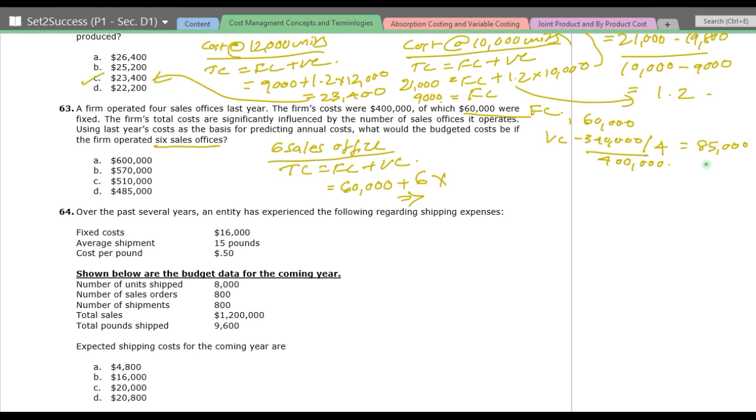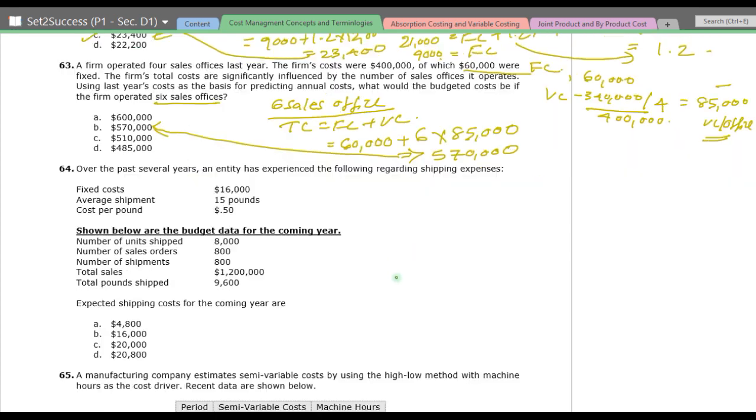So this is variable cost per one office or per branch. They are asking for 6 offices. So if variable cost is 85,000 per office and we need to find the budgeted cost for 6 sales offices, 6 into 85,000 gives you 520,000, which is B. Next.